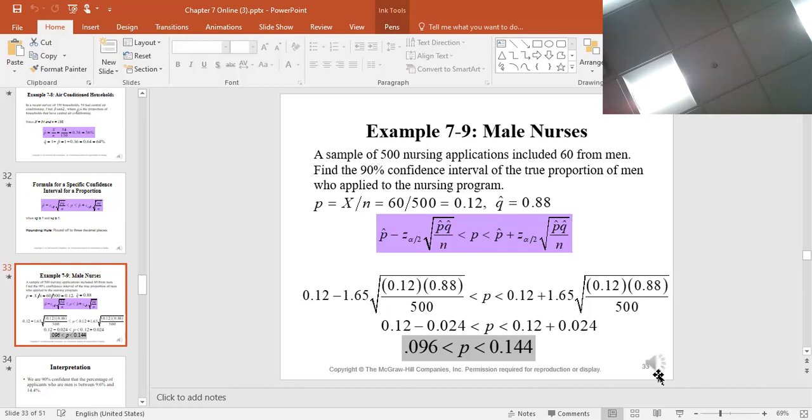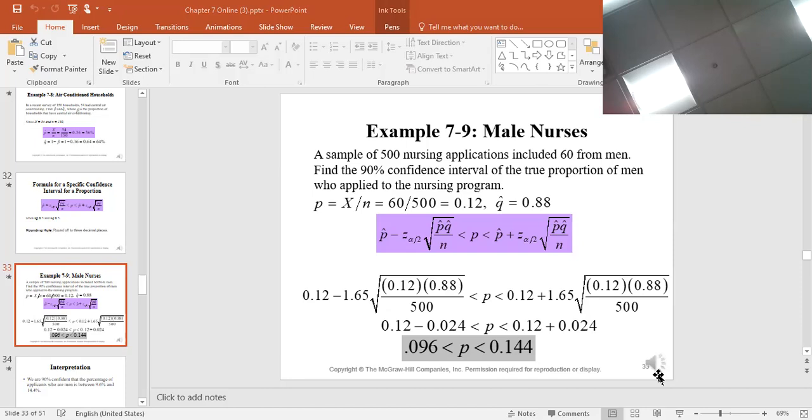Sometimes to avoid mistakes, you want to do it first and then put it in the square root. So we will say here is 0.0145. E: here C equals 0.9, Z alpha over 2 is 1.65. E is Z alpha over 2 times square root of P hat, Q hat over n.